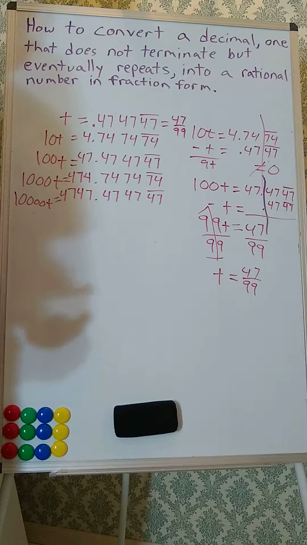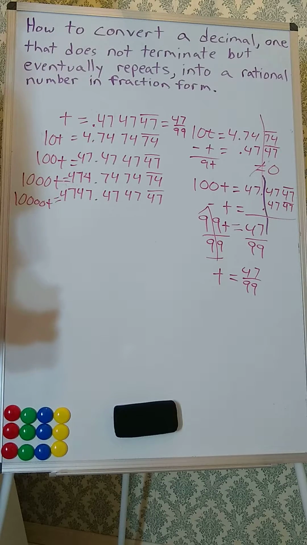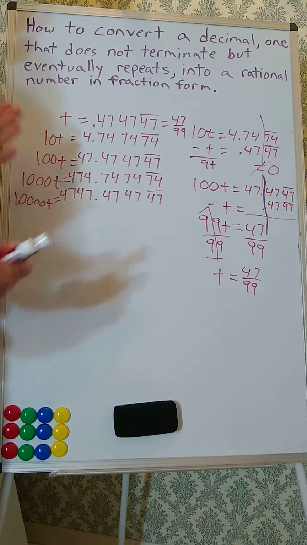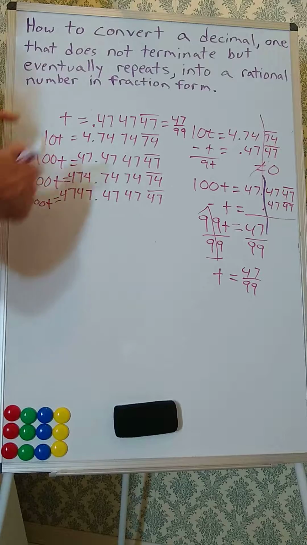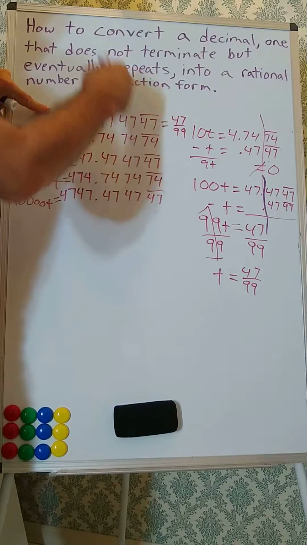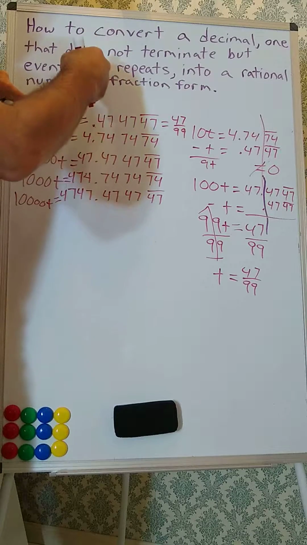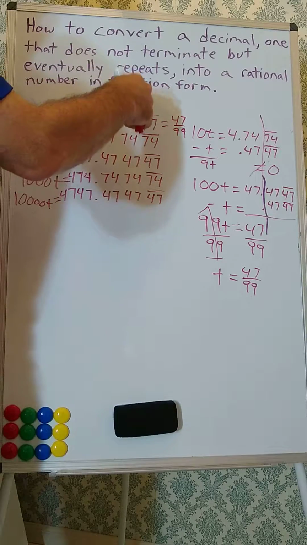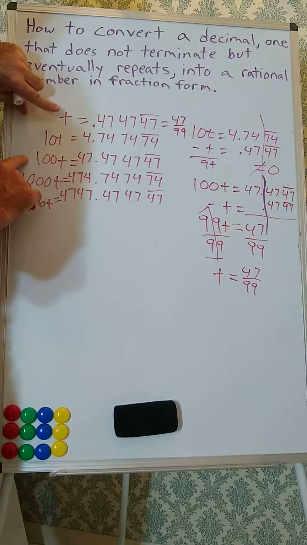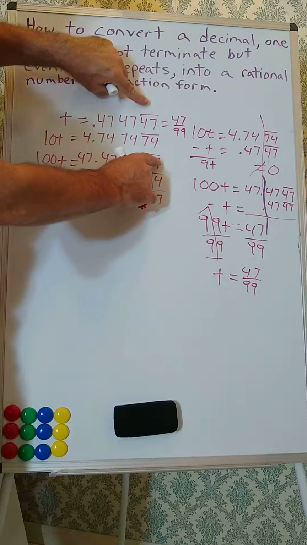Okay, why did I go through this trouble? Again, it's to emphasize the idea that to do this properly, you need to eliminate the repeating part. So you must have the repeating part be the same when you subtract. That's why 10t and t didn't work, because when the place values are lined up, these aren't the same. We see with 100t and t that they are the same.